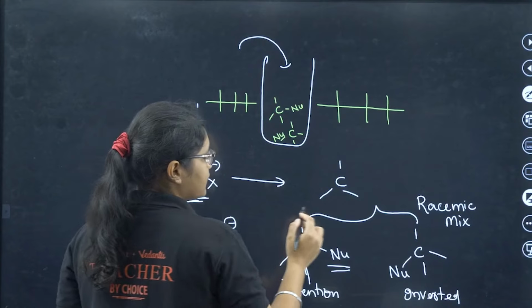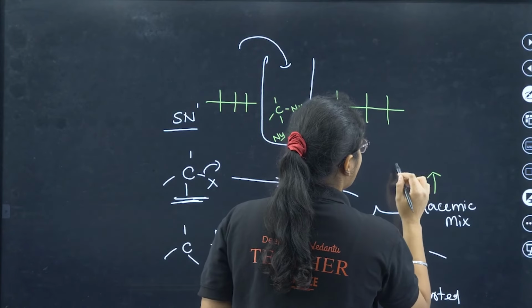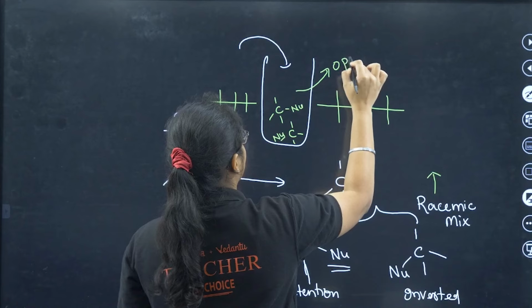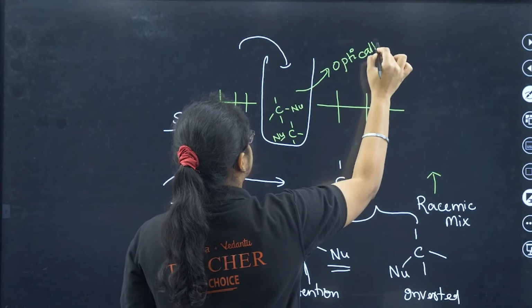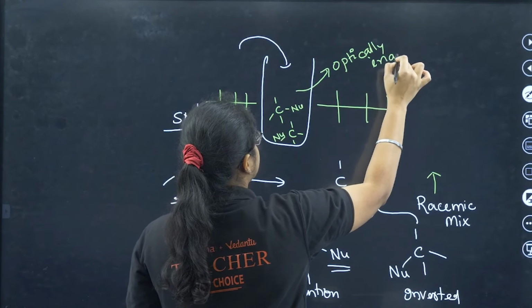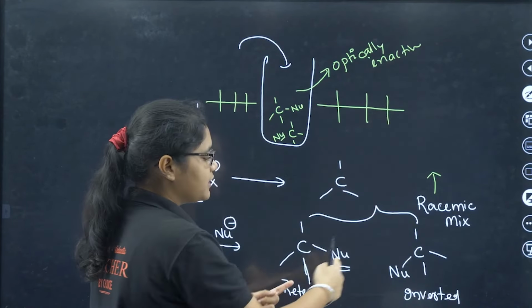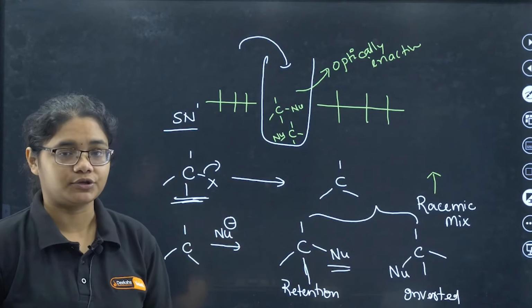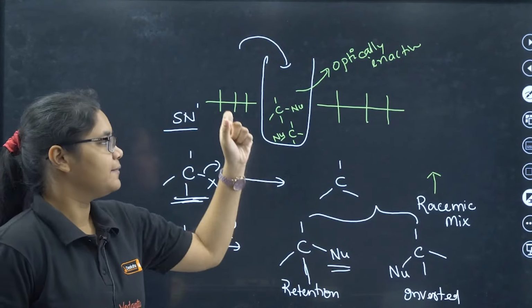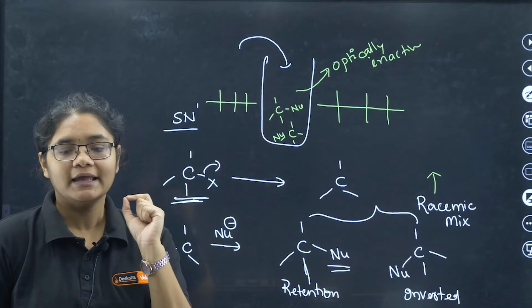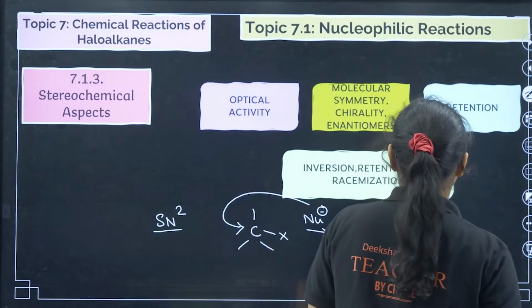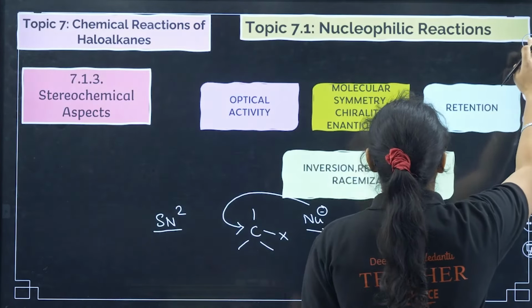That is why the racemic mixture will be called optically inactive, because it is not able to rotate the plane polarized light. Individually both of them are optically active, but when you mix them in equal proportion and have a racemic mixture, the mixture will be called optically inactive. So this is all about the stereochemical aspects. I hope this is clear.